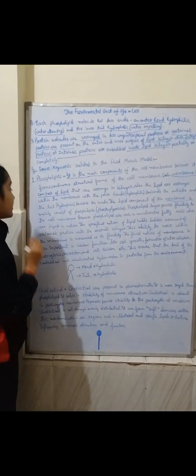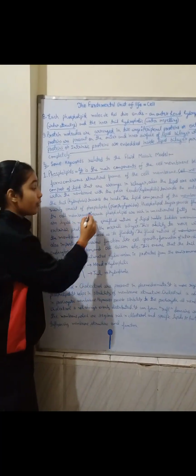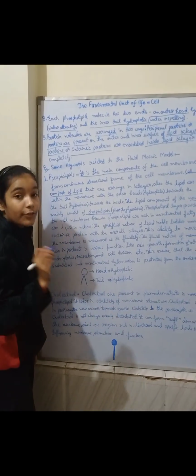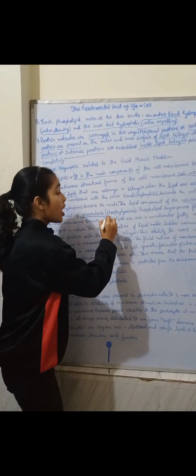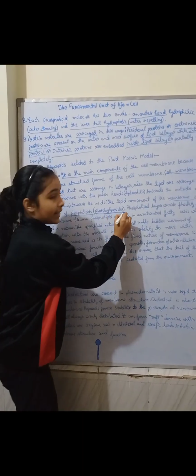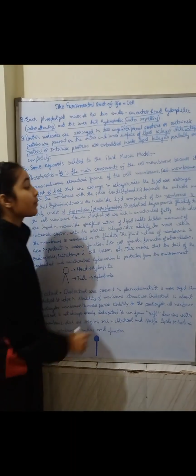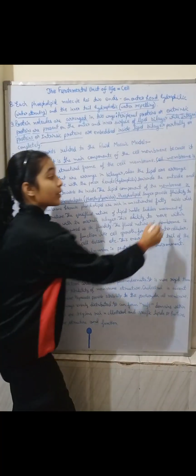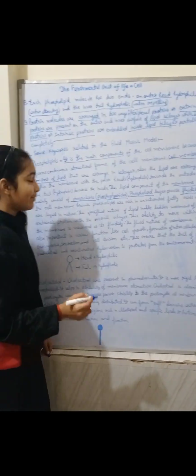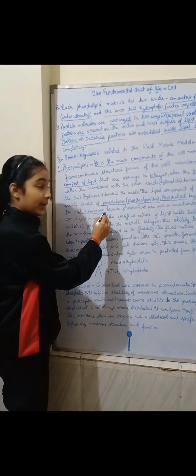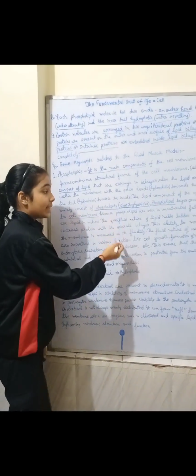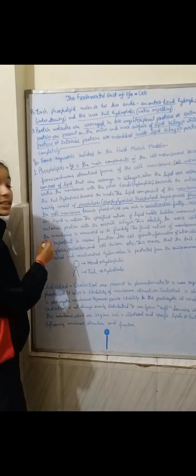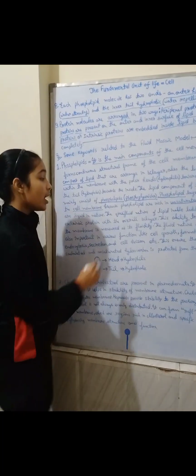The lipid component of the membrane mainly consists of phospholipids, that is, phosphoglycerides. The phospholipid layer provides fluidity to the cell membrane because phospholipids are rich in unsaturated fatty acids, which are liquid in nature.